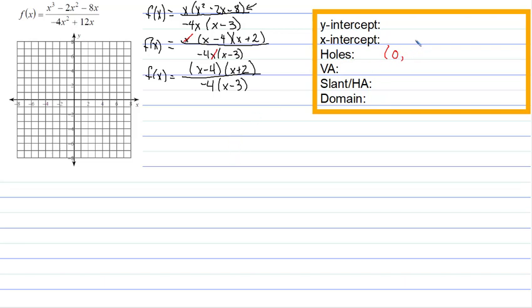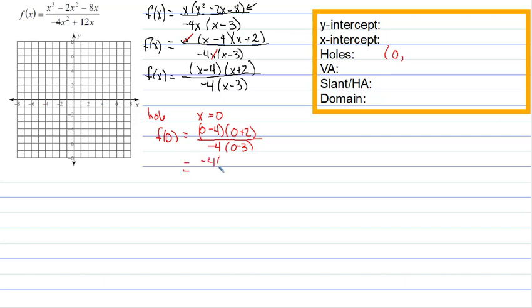When I'm working this, I've got that reduced, and the hole was when x was equal to 0. So I need to plug a 0 into the reduced one. f of 0 equals 0 minus 4 times 0 plus 2 divided by negative 4 times 0 minus 3.